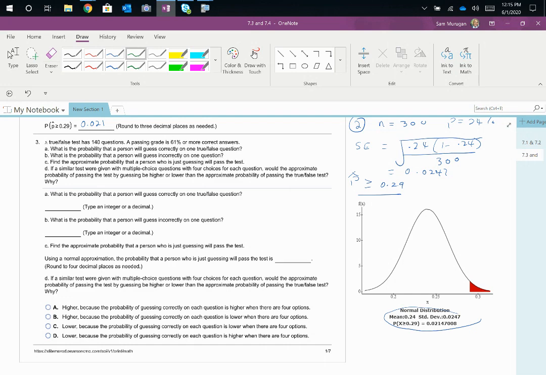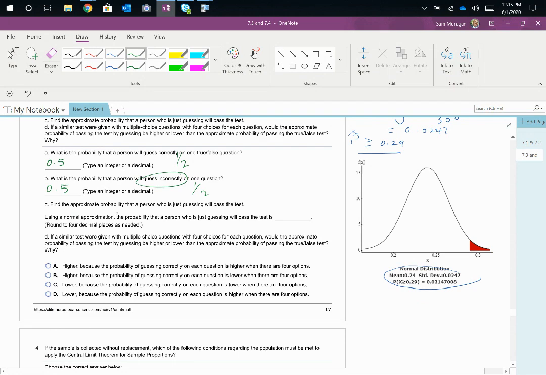Okay, so with a true-false question, you only have a 50-50 chance of guessing correctly. The probability is simply 0.5, 50%, 1 over 2. You either get it true or get it false. Guessing incorrectly, same probability, 1 over 2, 50%.